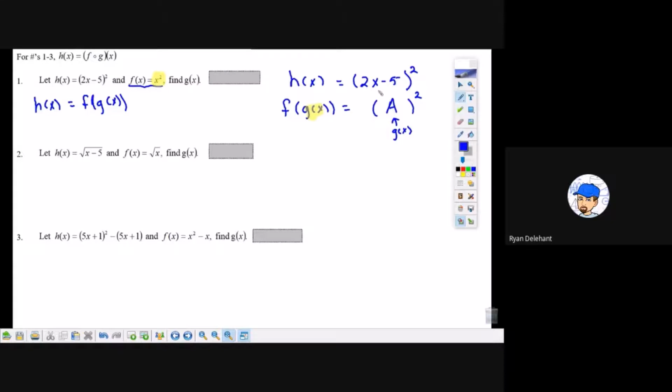So what part, if we match these up, does g of x have to be? It has to be, for this one, that stuff that's inside the parentheses, because afterwards our outside function was squared. That part kind of goes away. That's just our x squared. The function that went into this had to be this 2x minus 5.